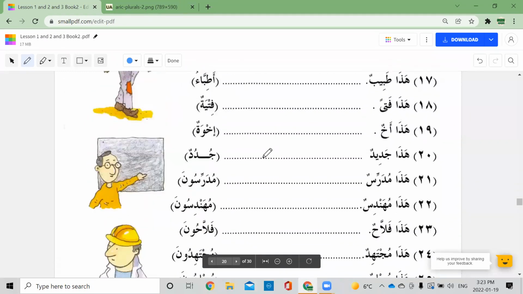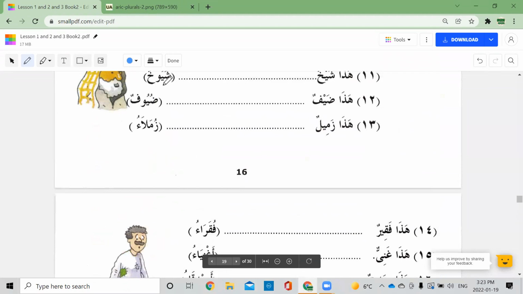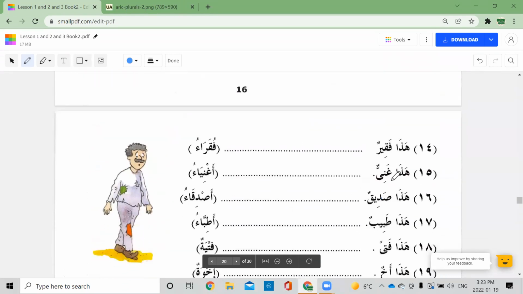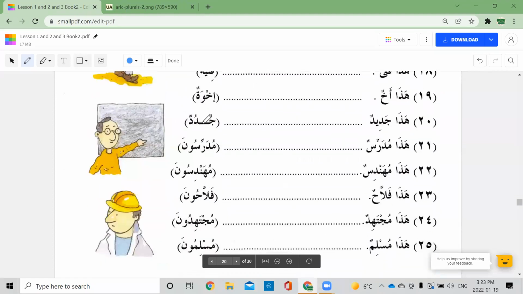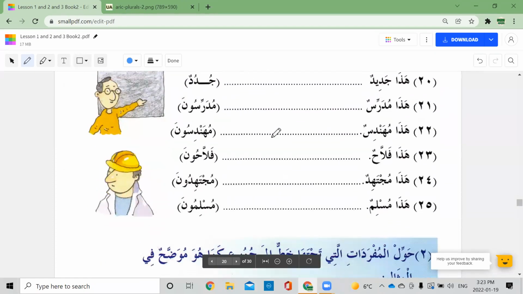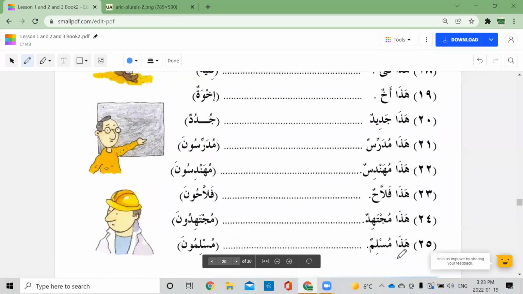MashaAllah. I'd like all of you to notice how there are different plurals for all of these words. They follow different patterns, and we'll cover more of them later on as well. A little bit of a pattern here is that these are all adjectives similar to Muslim and mujtahid, mujtahidun, muhandisun, mudarrisun, usually ones starting with meem.